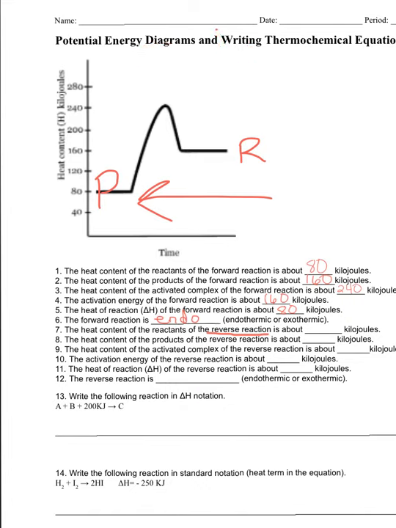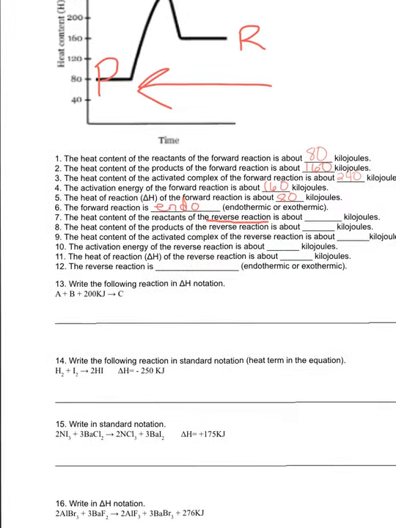In the reverse reaction, the products are at a lower energy than the reactants, which implies that the reaction gave off energy. It lost energy. So that's going to come off as exothermic. So just do everything I did for numbers 1 through 6, but do it for the reverse reaction. I'm going to leave that to you for practice. So let's go on to the next part.